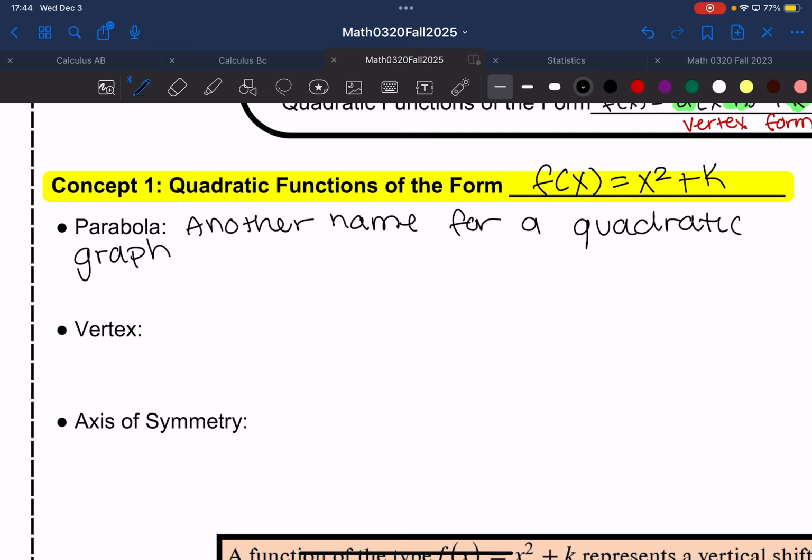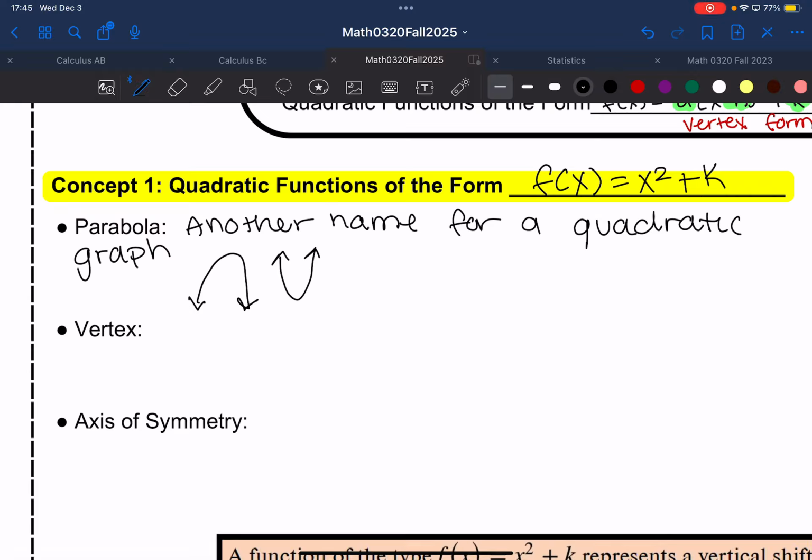A parabola in this specific case of a quadratic graph could be either facing down or facing up. A parabola is not necessarily always a quadratic. It could be x cubed, x to the fourth, any type of x that has a numerical exponent. But for this course, we focus on quadratics.